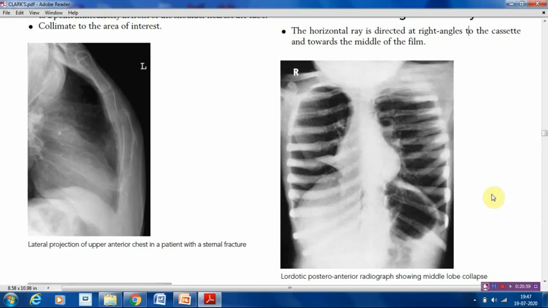All those things are supposed to be there. The radiography which is taken should be clearly seen. That is what should be in the evaluation criteria. I think if you write all these things, it's more than enough for you. Okay, thank you.